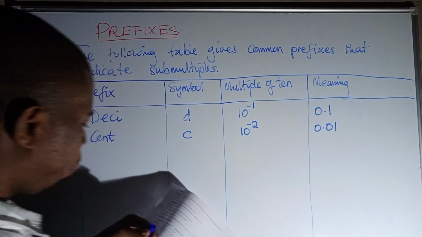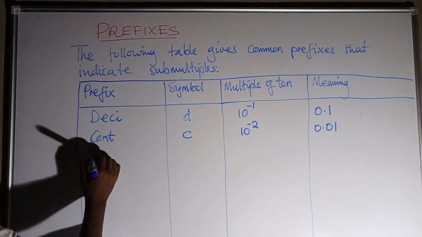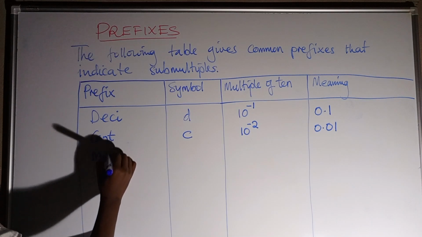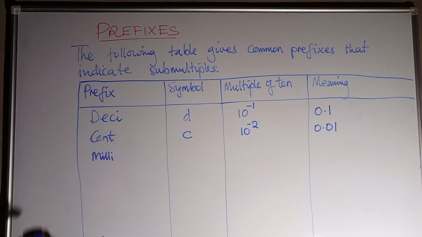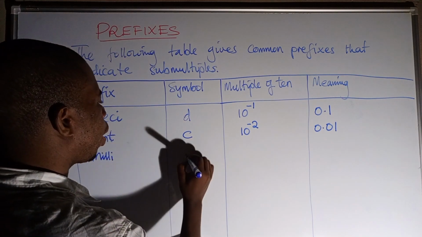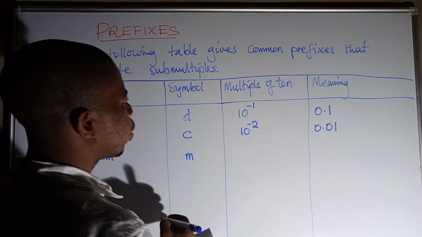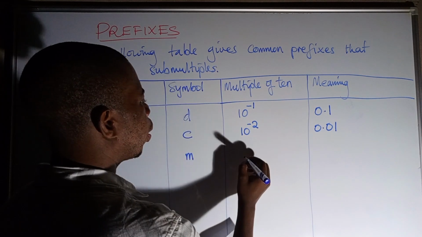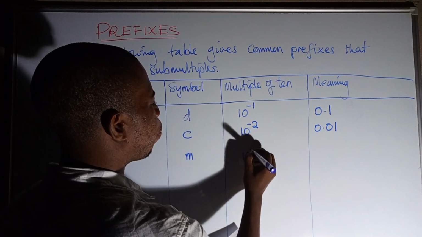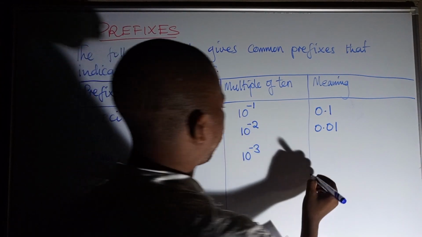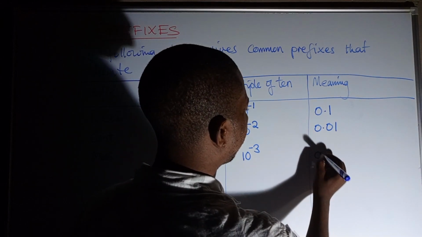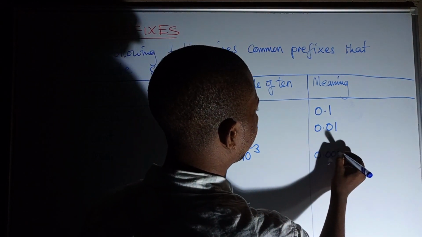Then another one is milli, represented by small letter m, which stands for 10 to the power negative 3, which simply means 0.001.